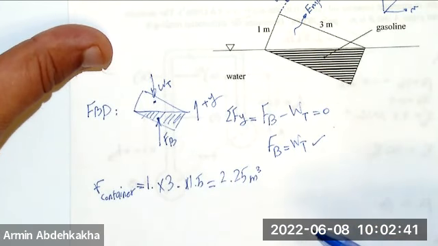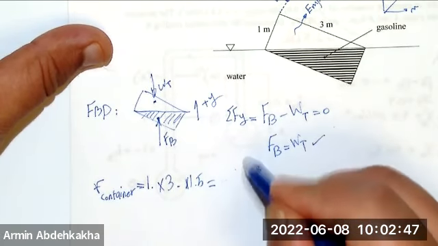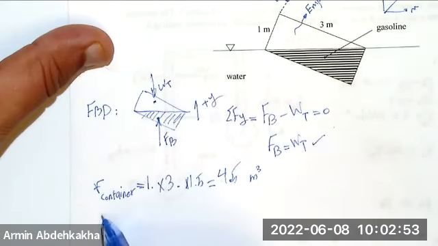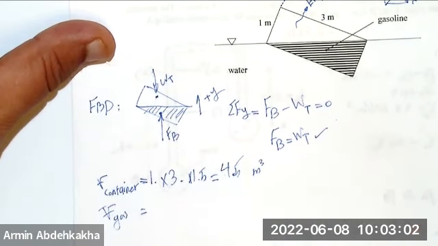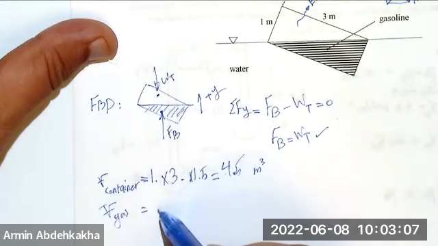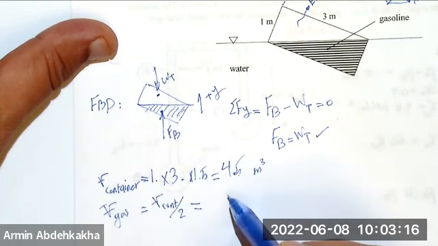Okay, that's 4.5. 4.5 meter cube. What about the V of the gasoline? For the V of gasoline, you know that half of the container is filled, right? So the V of gasoline is V of container over 2, which is 2.25 meter cube.